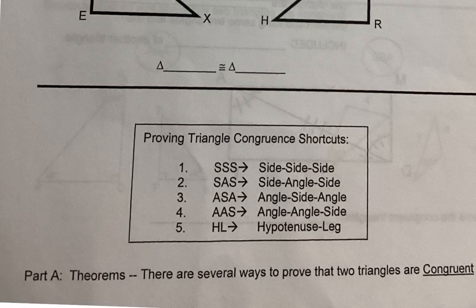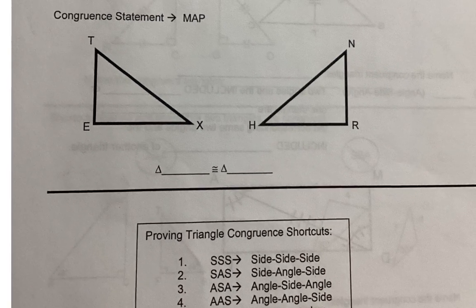I can do it if I know that all three sides are congruent, if I know two sides and an angle are congruent, if I know an angle, a side, and an angle are congruent, or if we have a given right triangle, if I know the hypotenuse and one of the legs are correspondingly congruent, then I can say the whole triangle is congruent. I don't have to prove all six of those things. Hopefully that made sense.